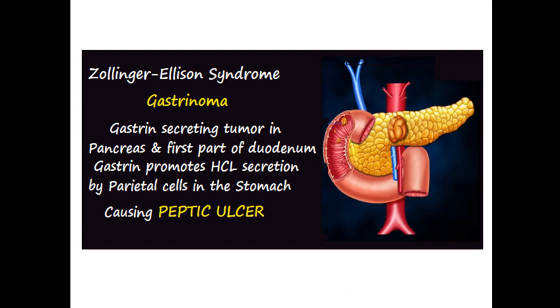The third cause of peptic ulcer disease is Zollinger-Ellison syndrome. As we discussed, normally in the antrum of the stomach, there are specialized cells located at the base of the gastric pits. These cells are known as the G cells.